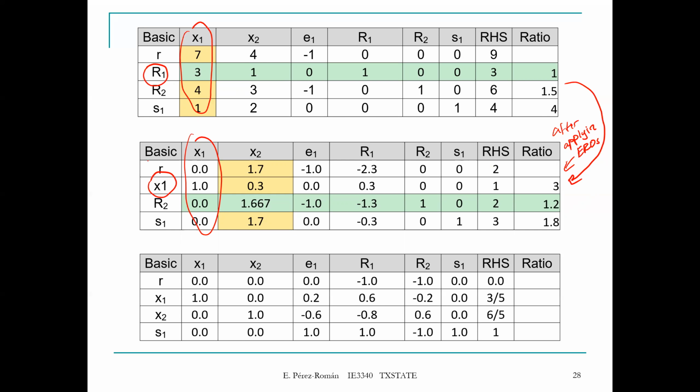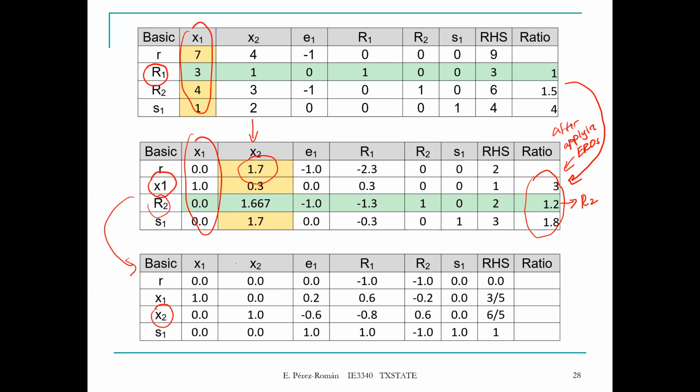We go to row 0 again, and we find a positive value, which means that X2 can enter the solution. We perform the minimum ratio test, and the minimum is 1.2, which tells us that R2 is leaving the solution. So when you move from here to here, you'll see that R2 is no longer part of the basics because it's substituted out by X2.